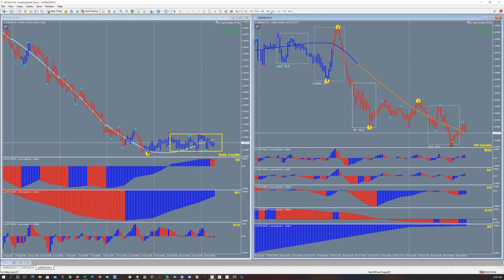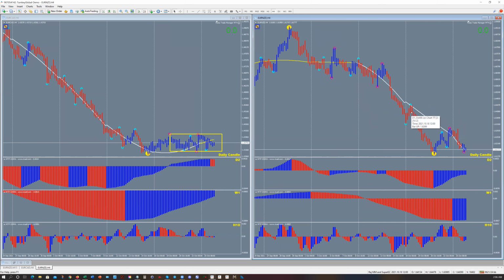Let's just do 4 hour. Since we have time, I'll do the fibs. The deep retracement.